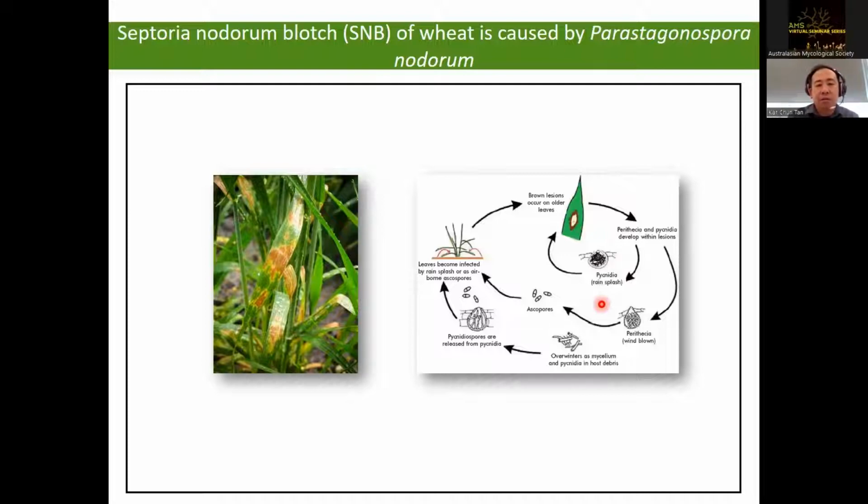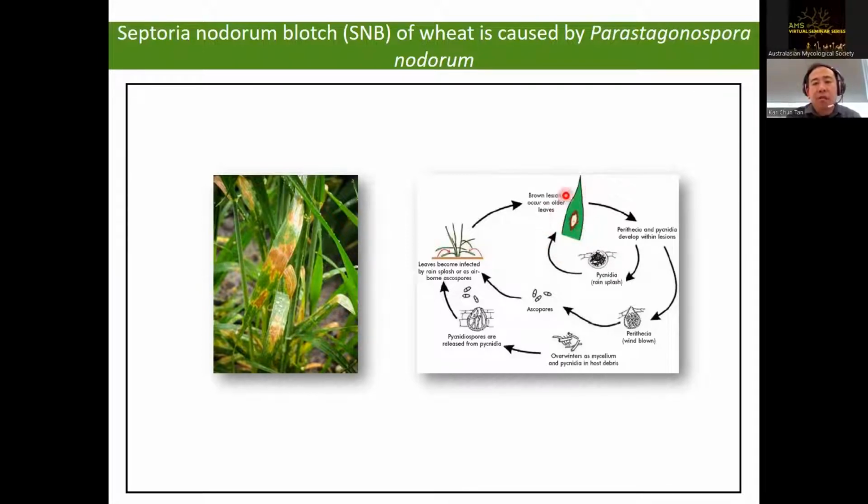If these stubbles were infected by the pathogen in the previous years, then when we start the growing season, pseudothecia get generated on these stubbles, and they produce long-distance dispersed ascospores, which get blown around by the wind and land on a newly germinated wheat plant. When that happens, it germinates and starts forming little brown lesions, which get bigger and bigger throughout the growing season, and it becomes a problem.